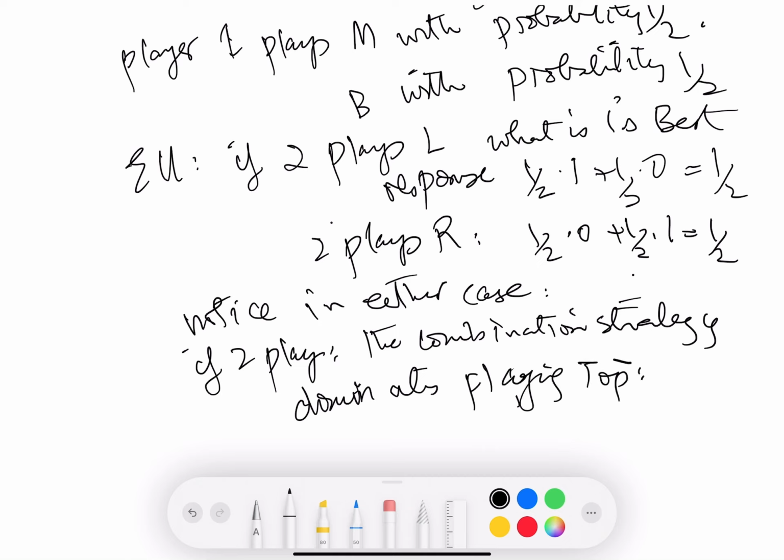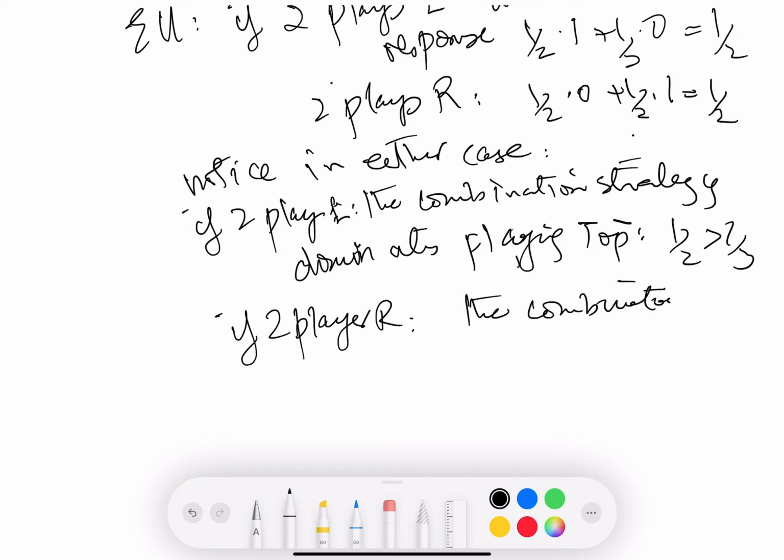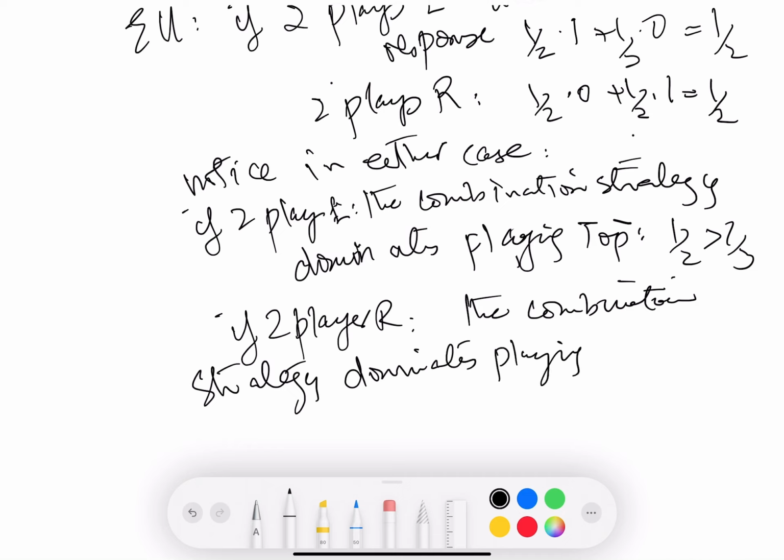What do I mean by that? 1/2 is greater than 1/3. So this is if 2 plays L. Similarly, if 2 plays R, the combination strategy dominates playing top. 1/2 is greater than 1/3.